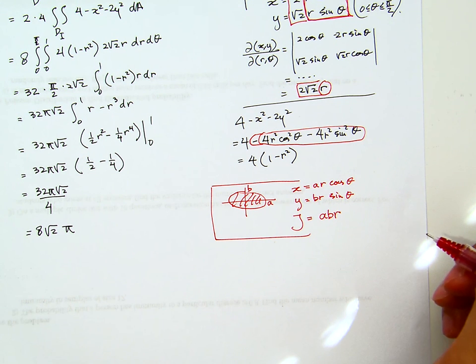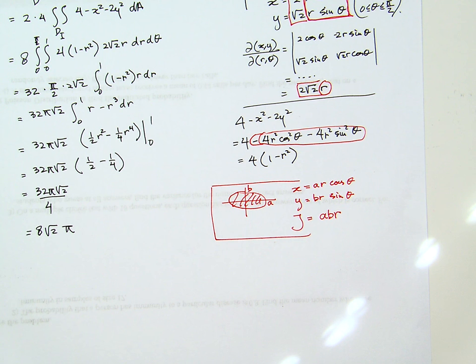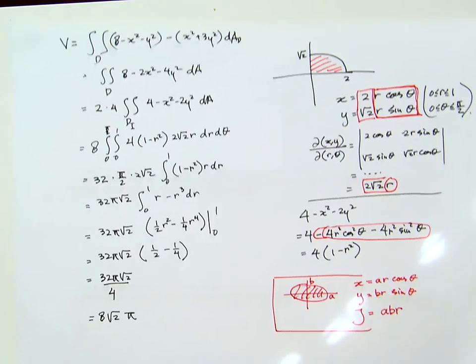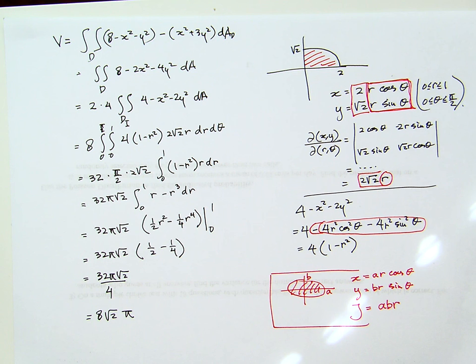You can try it. That's it for this one, from summer 2009 Math 263 Test 3 number 9C, an alternate way to do this, provided you know how to do change of variable.